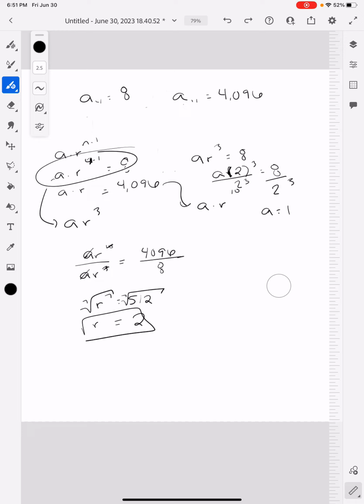And so now that I know the first term is 1, the nth term formula would be 1 times the ratio, which is 2, to the n minus 1. And that gives us what we need for our nth term.